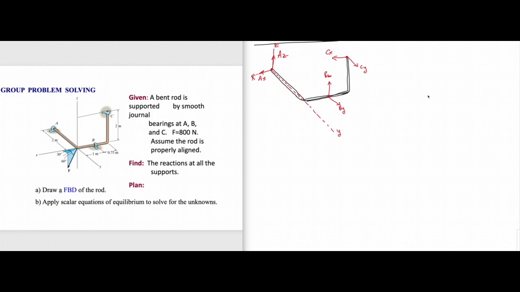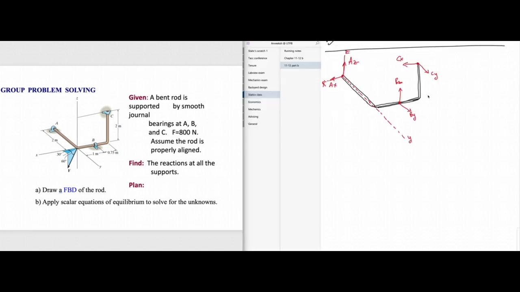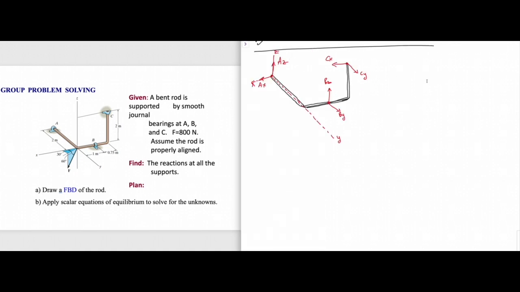So does the whole system translate along y direction? No, it doesn't. So does the whole system translate along z? No, it doesn't, because you have BZ and AZ, they prevent it from translating in z. So that is why, when this is called properly aligned journal bearings, if we have properly aligned ones, they prevent the system from rotation.